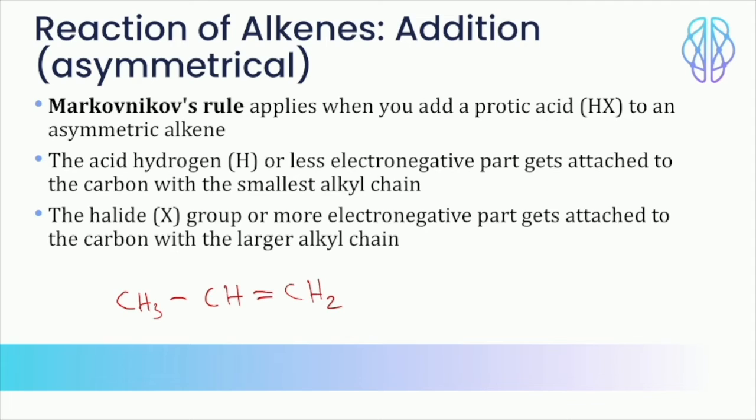If I were to have propene, I've drawn propene here, and if I were to make it undergo an addition reaction here, there's actually two ways in which this can add. In one of the ways, the hydrogen would add here, and in the other way, the hydrogen would add here, and the chlorine would obviously take the other position. So I'll give you the two possibilities.